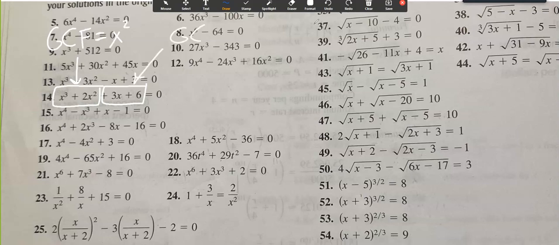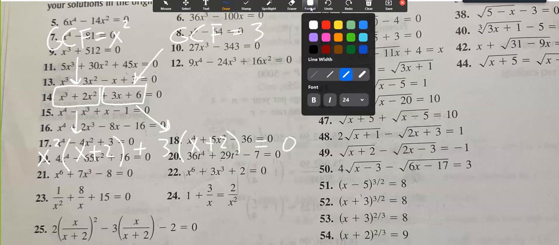What about the second box? What do they have in common? 3. Okay, now in the first box, I'm going to take out an x squared, which would leave me x plus 2. From the second box, I'm going to pull out a 3, which would leave me x plus 2. You see how I did that?